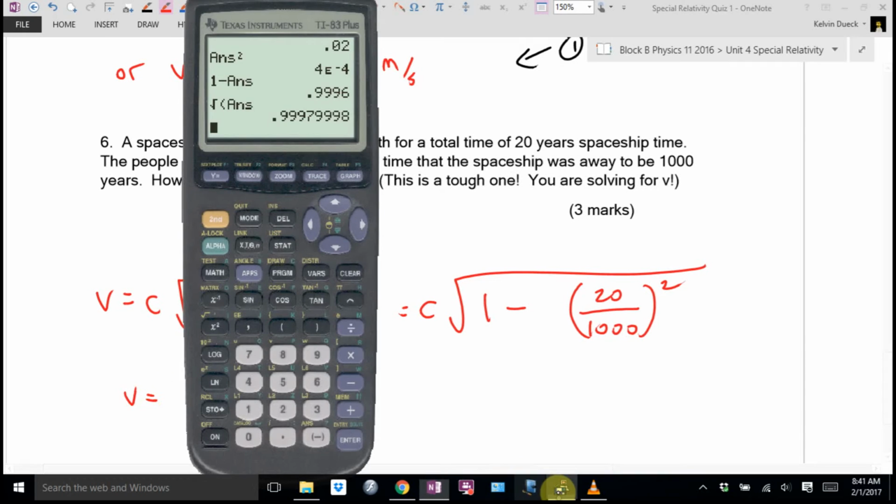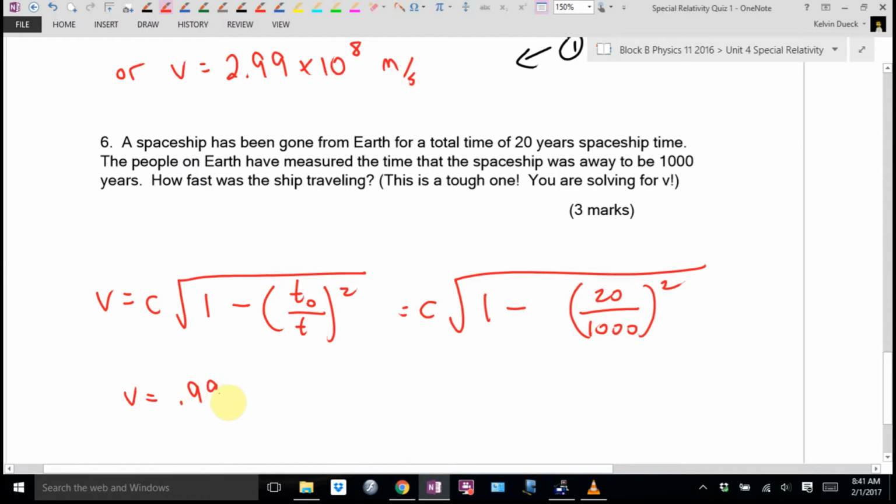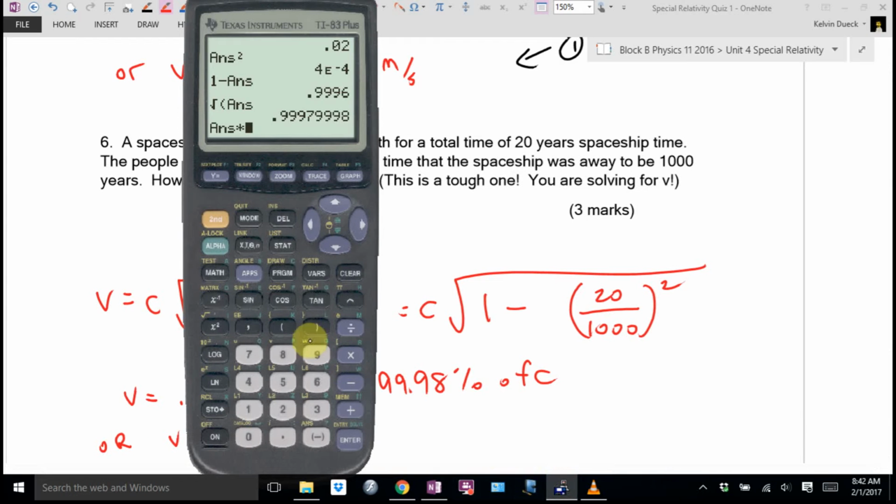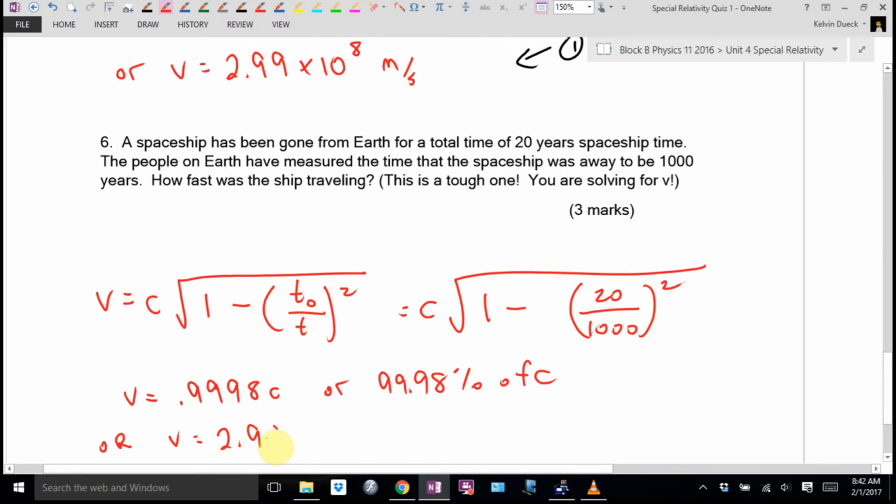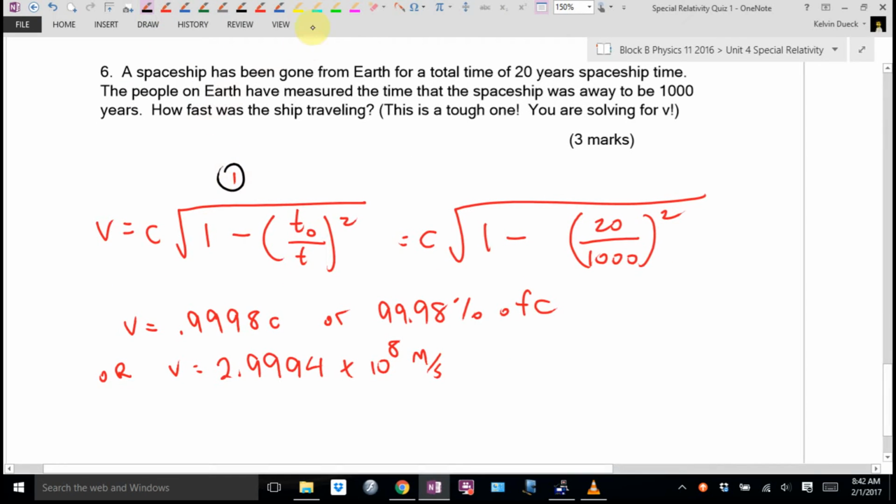So I get this. v equals, how many 9s? 3 9s and an 8. 0.9998c, or 99.98% of c, or if you want it in meters per second, 2.9994 times 10 to the 8th meters per second. 3 marks for that. 1 mark. 1 mark. 1 mark for the numbers, and then 1 mark for either of those answers.